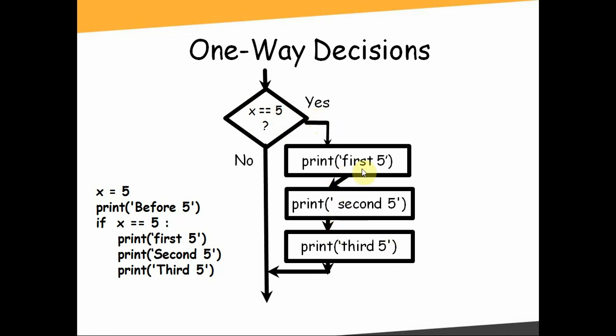You can use one statement also, or you can use 2 statements. That depends upon your program needs. Here for understanding I used 3 statements. If it is no, then directly it comes here. Here you can use any statement if you want. Again, if you want to check any other condition, you can put it, or if you want to simply print that it is not equal to 5, you can put it here.